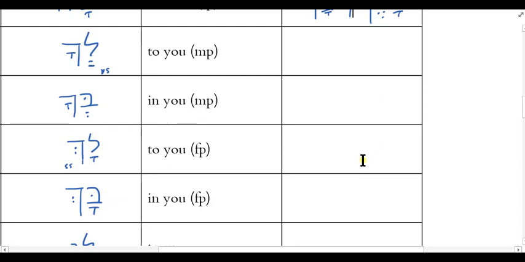Alrighty. So what about "to you, men"? Lachem. Lachem. These are heavy endings, so the stress is going to be on the back side there, lachem. And then "in you" would be bachem. Bachem.